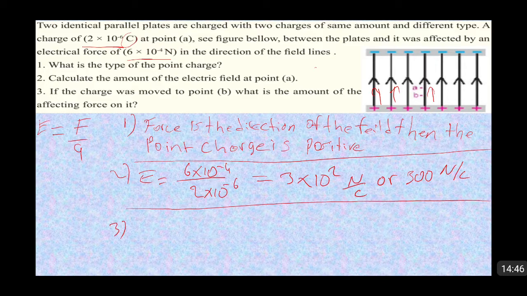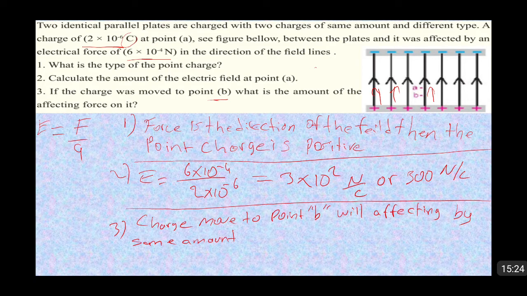Third: if the charge was moved to point B, what is the amount of the affecting force on it? The charge moved to point B will be affected by the same amount of force.